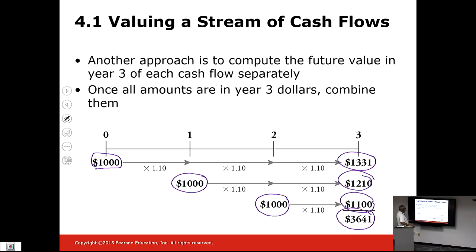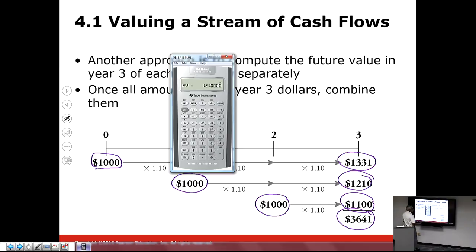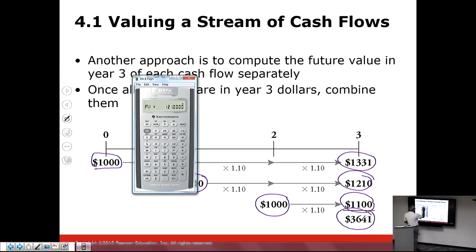I could have done this in a financial calculator. I could have cleared everything, second, clear TVM, 1,000, minus is my present value, 3 is my N, 10 is my I/Y, compute future value. So that's the first, 1,331.